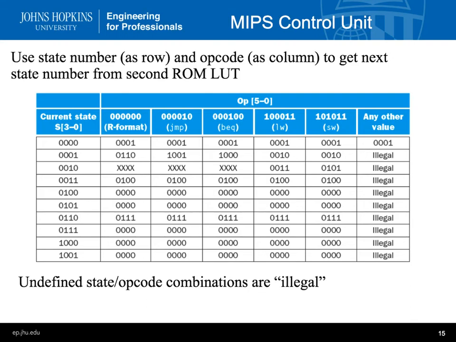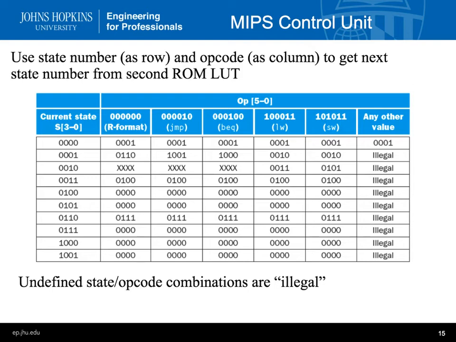So again, we take a 32-bit input instruction. We're going to turn it into a number of micro instructions. The upper 16 bits of those micro instructions are those control signals we talked about in the last slide. The lower 4 bits are the next state.